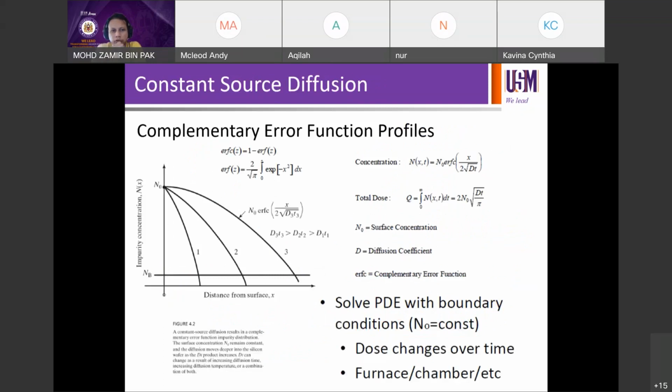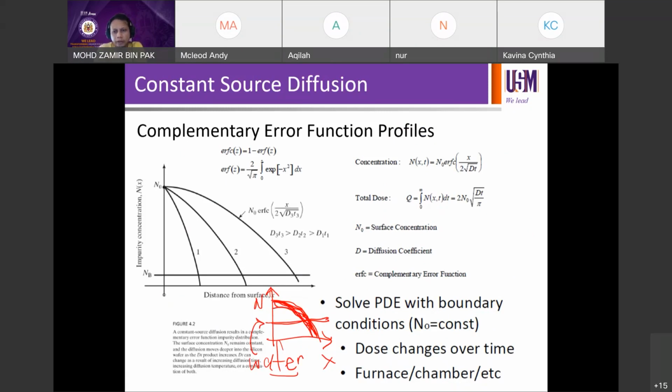When you run a diffusion, this is x, this is n, this is the profile, and this horizontal line is the background doping. We call it background doping or bulk concentration, same thing, but it belongs to the wafer. The profile here belongs to the dopant, either p-type or n-type.